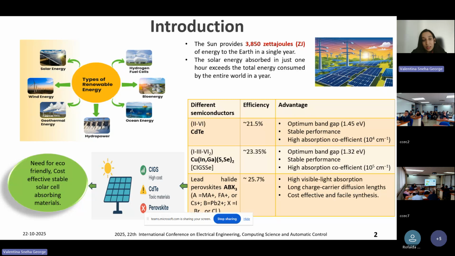Other alternatives like CIGS, CdTe, and perovskite solar cells have emerged, but they also possess some disadvantages like cost, stability, and toxicity concerns. Hence, there is a need for low cost, flexible, and environmentally safe solar cells possessing all these optical properties of the studied materials.